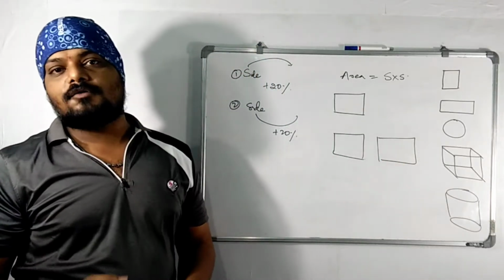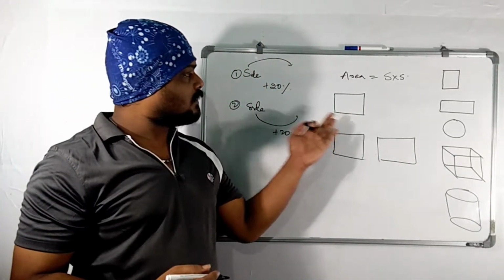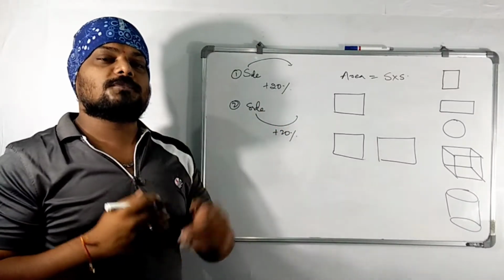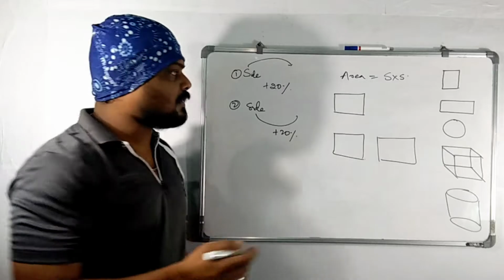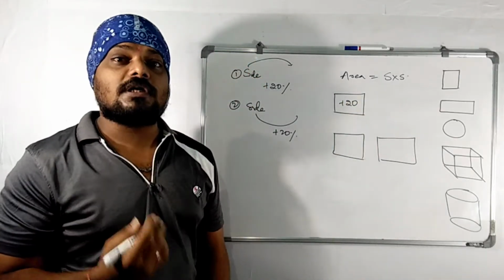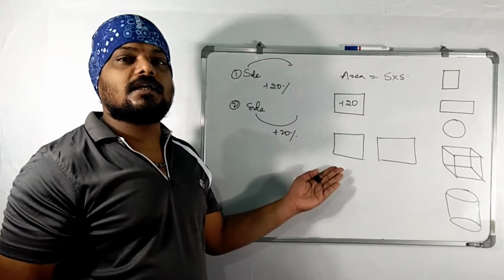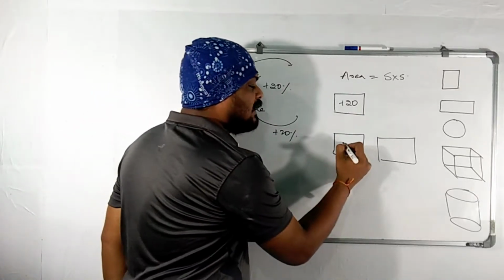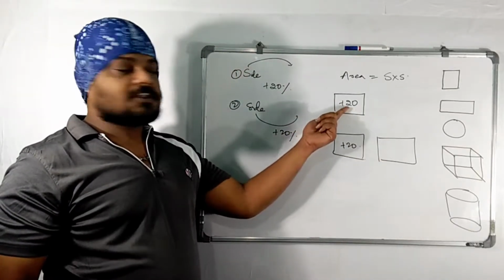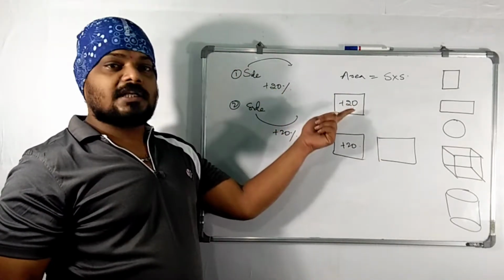For the first condition, what did he say? One side of the square is increased by 20 percentage. So it is increased by 20 units. I am assuming 20 units, and later in the second condition also it will be increased by 20 percentage.